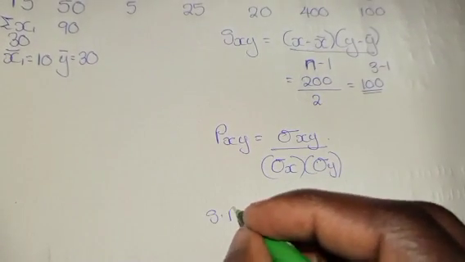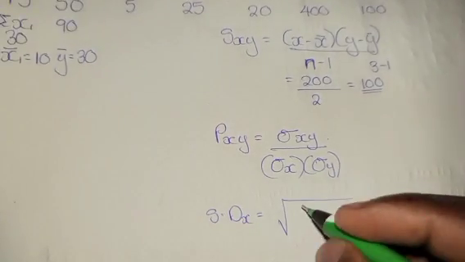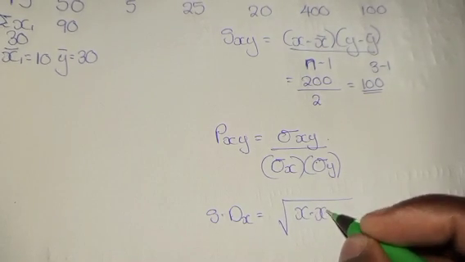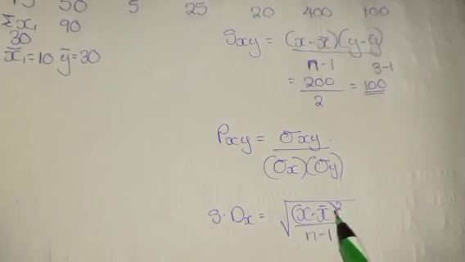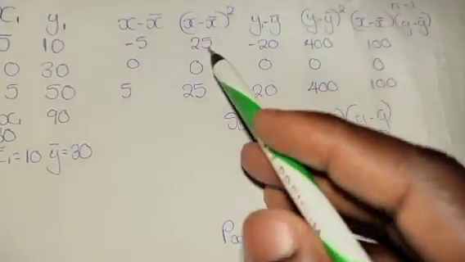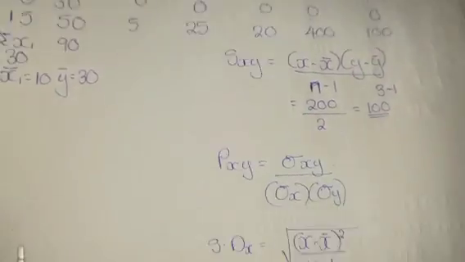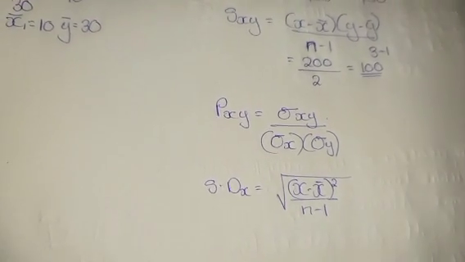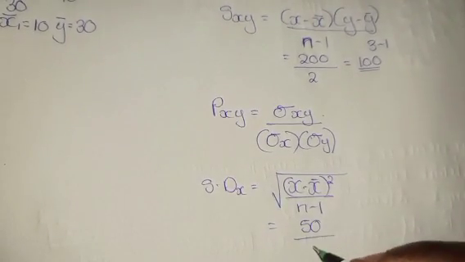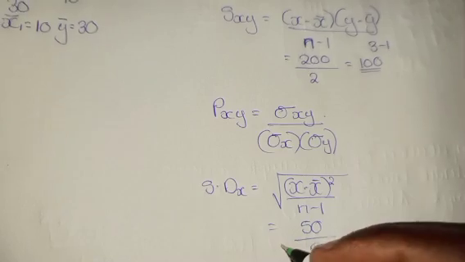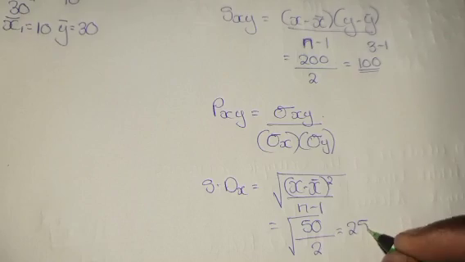The standard deviation of x is calculated with the square root of the sum of (x minus x mean) squared over n minus 1, where what you had on top is 25 plus 25, which gives 50. You put your 50 over n minus 1, which is 2, and 50 divided by 2 gives you 25.